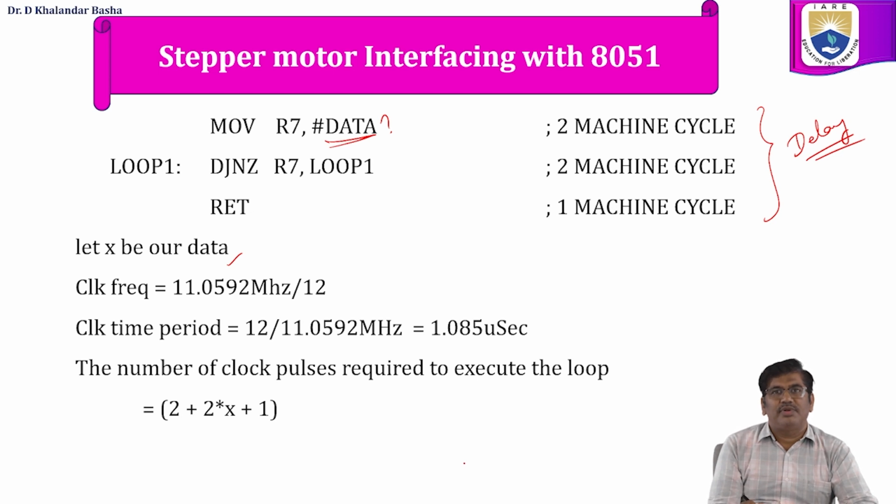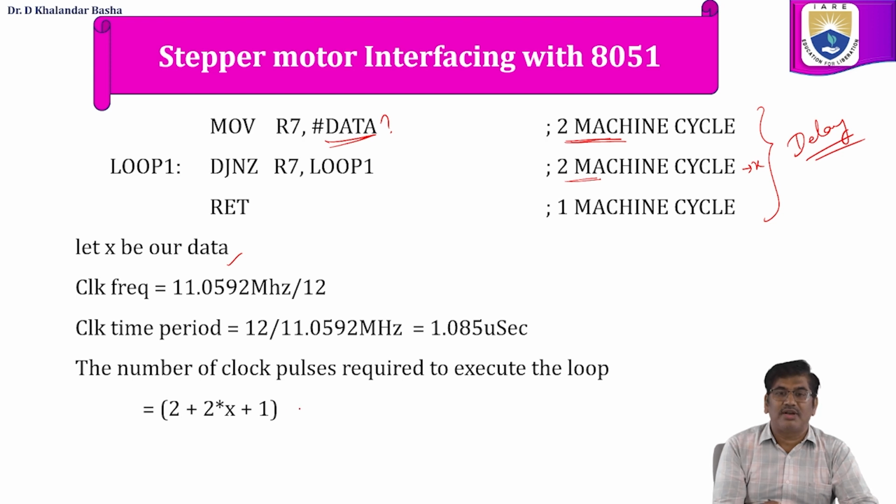The number of clock pulses required to execute the loop: the MOV R7, data instruction is executed for 2 machine cycles, whereas DJNZ requires 2 machine cycles and is iterative, so it will be executed X number of times, whereas the RET instruction requires 1 machine cycle.